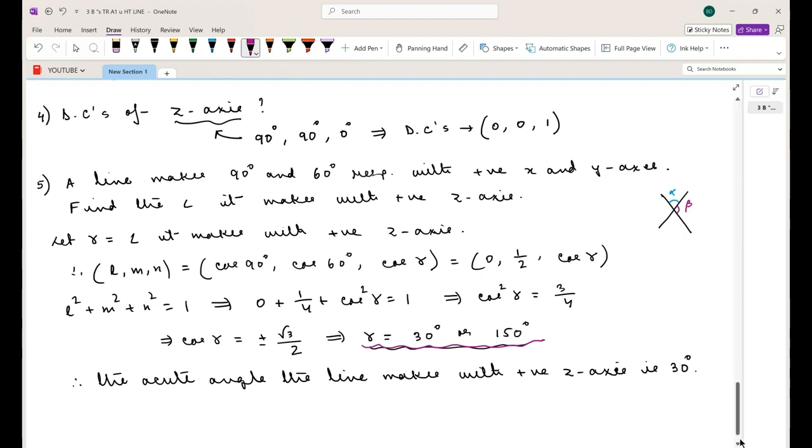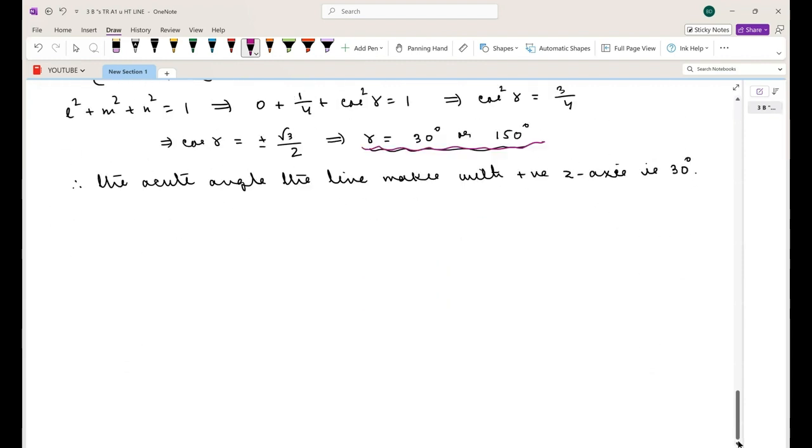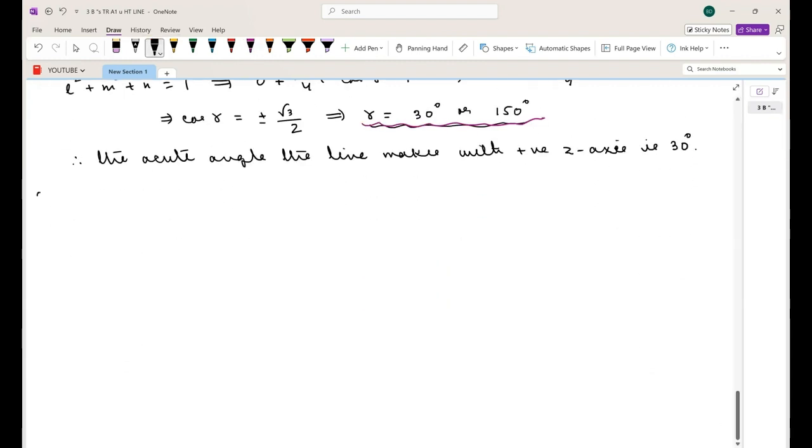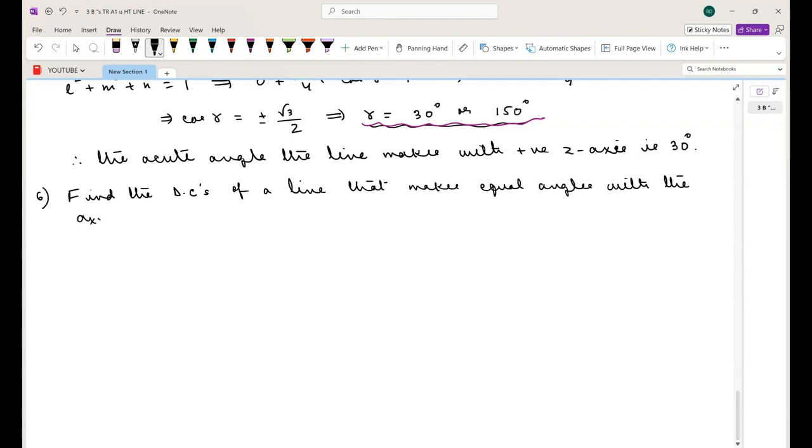And one last sum we'll do on this topic, and then we'll shift to the next topic. Find the DCs of a line that makes equal angles with the axes.